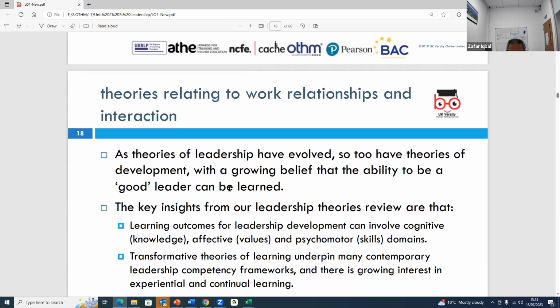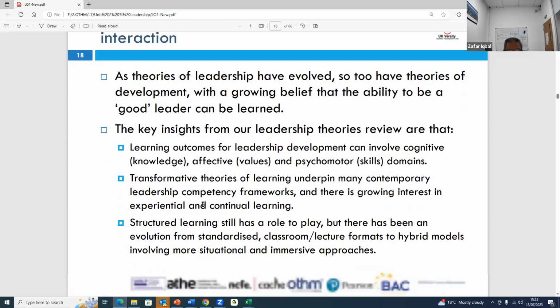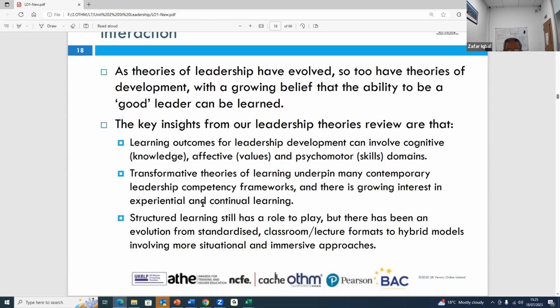So let's look at some leadership theories to enhance our knowledge. Now, these are different theories. They review some transformative theories of learning.